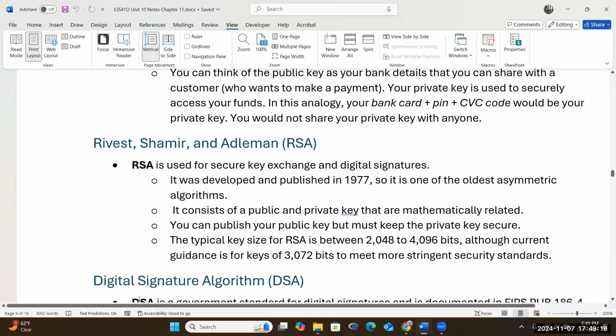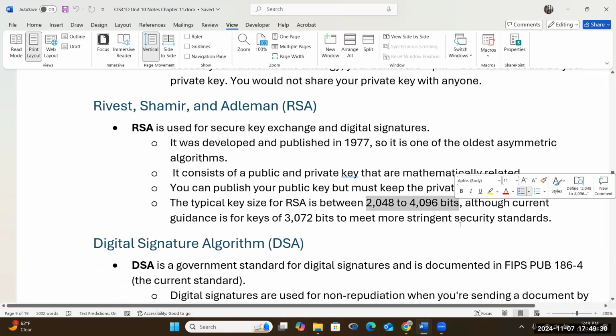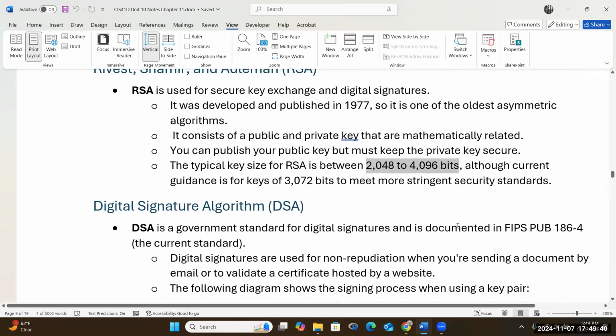It consists of two keys, and the key sizes are much larger, right? We are buying time when we're using this, but you just learned that when you're using longer, bigger key sizes, it requires overhead, right? Your processor requirement is higher.